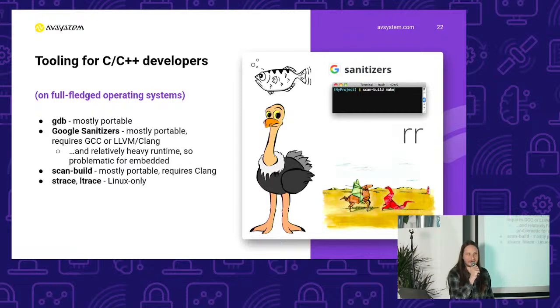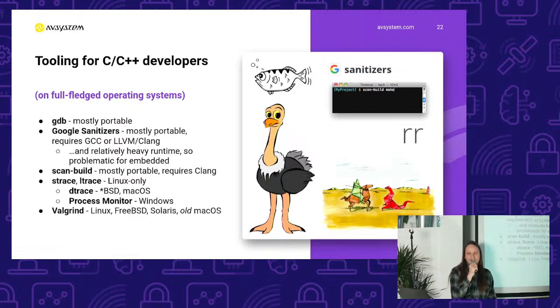But things like strace, for example, or ltrace, those are Linux only, although to be fair, BSD and macOS folks also have dtrace, and on Windows there is Process Monitor, so there are equivalents on other platforms. But Valgrind doesn't work on modern macOS, for example. It only works on Linux and a couple of other Unix-like systems. rr works only on Linux and is finicky with virtual machines.